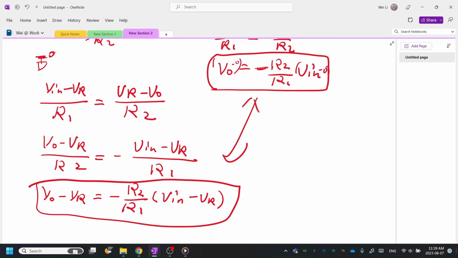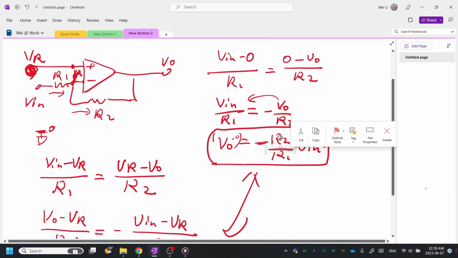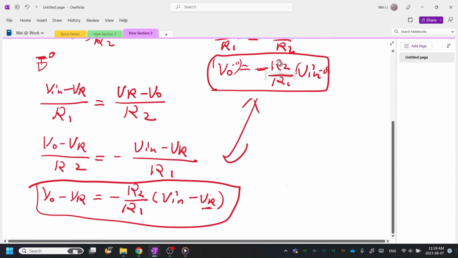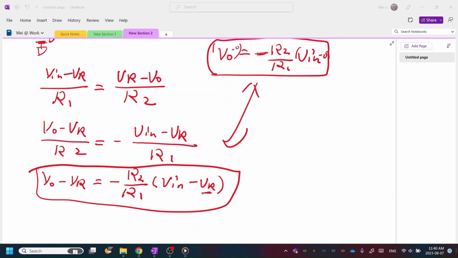It refers to VR, so VR is a reference voltage, or we call that virtual ground. It depends on what you want to call it. So this equation is the very same. All that we are doing is adding a virtual ground, then everything, both input and output, is referenced to VR voltage instead of to 0 voltage. And the equation is exactly the same.